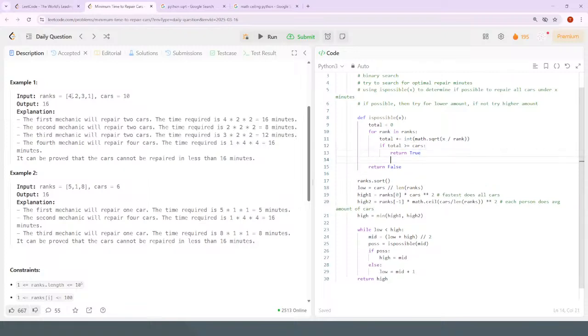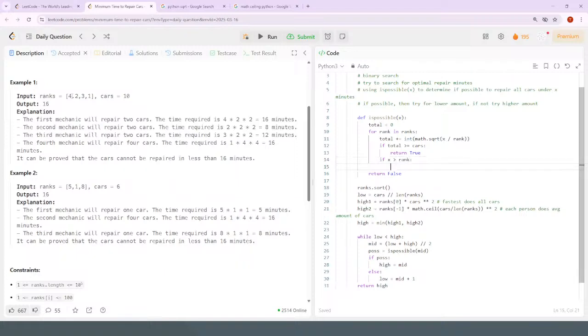Like if you did a check here where if x is greater than the rank, then just return false at that point, because you're never going to be increasing your total after that.